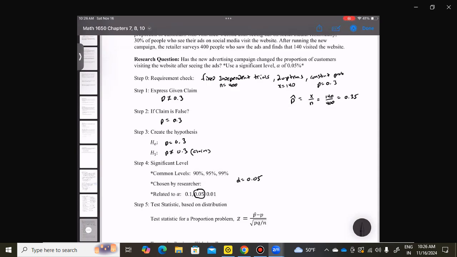That's higher than the 30%, but is it high enough to say that it's not 30%? That's the question. Is it high enough, or is this just something we could have got randomly by doing a sample? Because remember, you do your sample, you're not going to get exactly 30%. You can get 31, you can get 32. Where is that borderline? That is a difference between what happens by chance and what doesn't happen by chance.